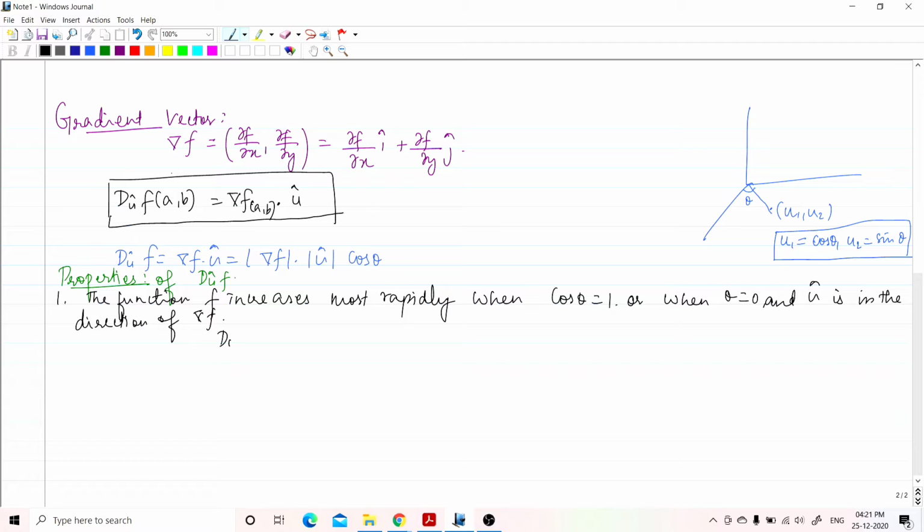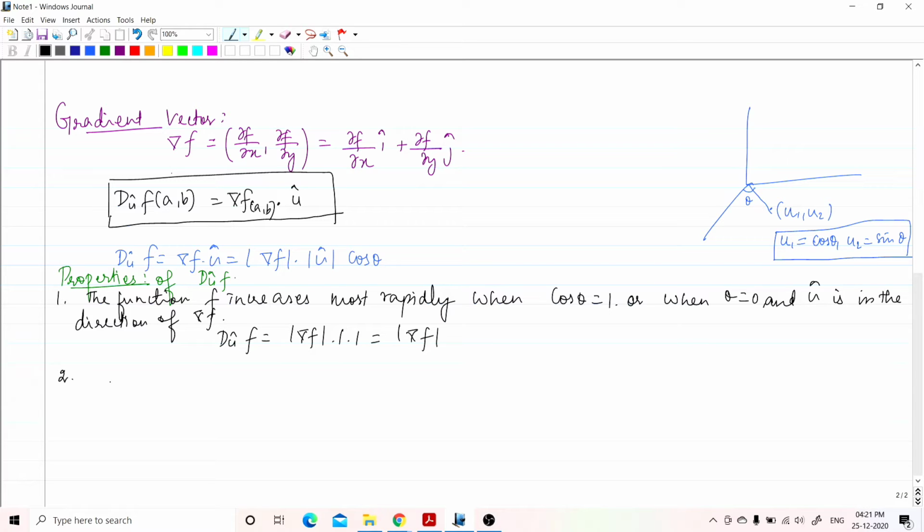Therefore, the maximum value of the directional derivative of a particular function can happen only when theta is 0. That is, your unit vector is in the direction of your gradient vector. So in this case, this is going to be simply del f, and you know your u vector is 1 and cos theta is also 1. So the maximum value is the absolute value of the gradient.